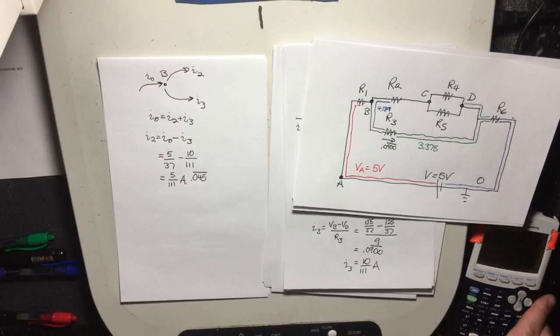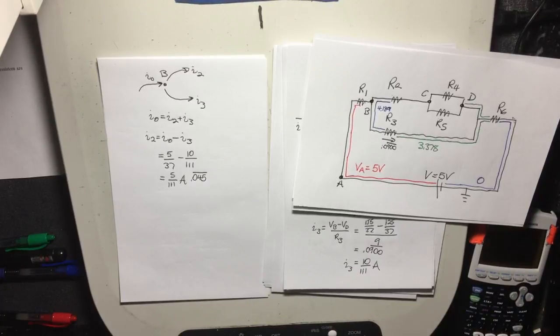And that is the current flowing through R2. So it's like you just got to find the weak part in the problem and just start peeling it back.